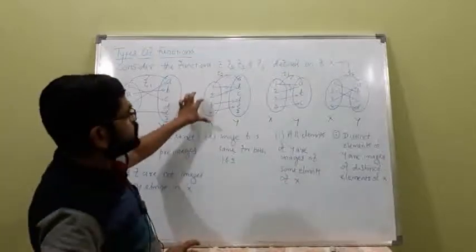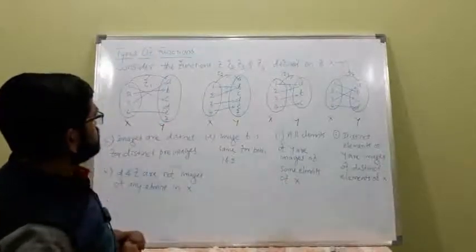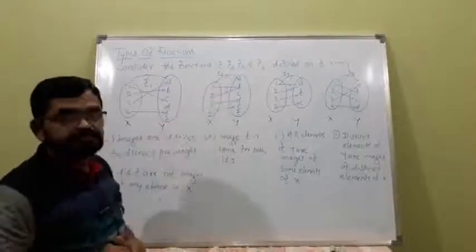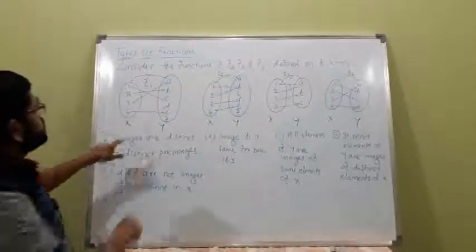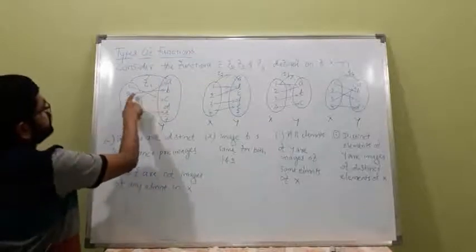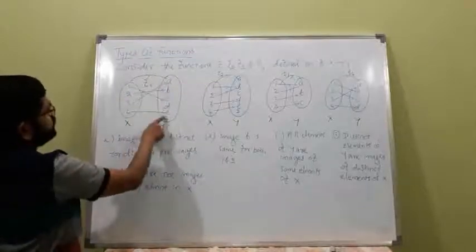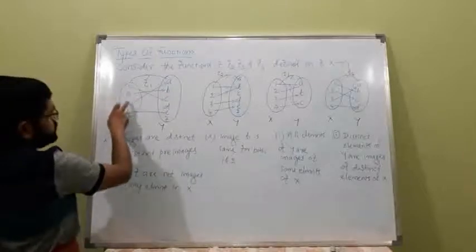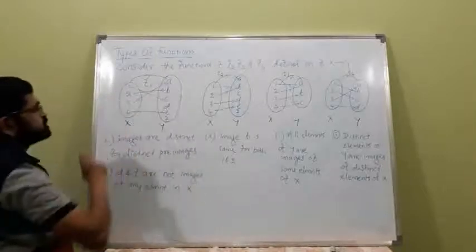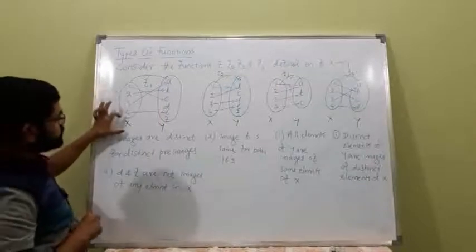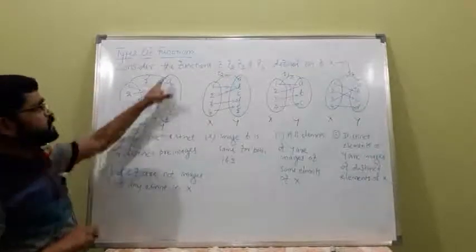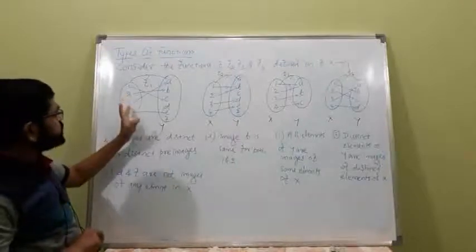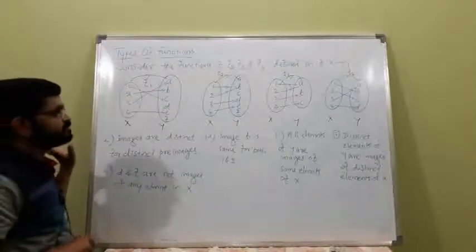Here also, in the second case f2, all the elements are mapped. Here 1 to C, 2 to B, 3 to A and 4 to E. These are called pre-images and these are images. For each pre-image in the domain, the images are distinct. Each distinct pre-image has a distinct image.